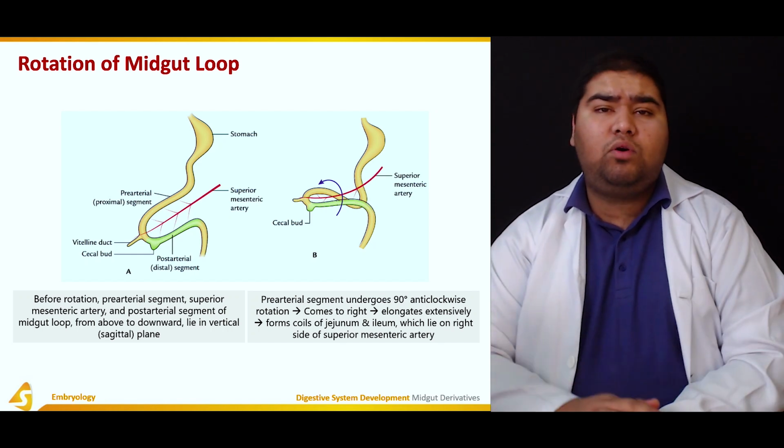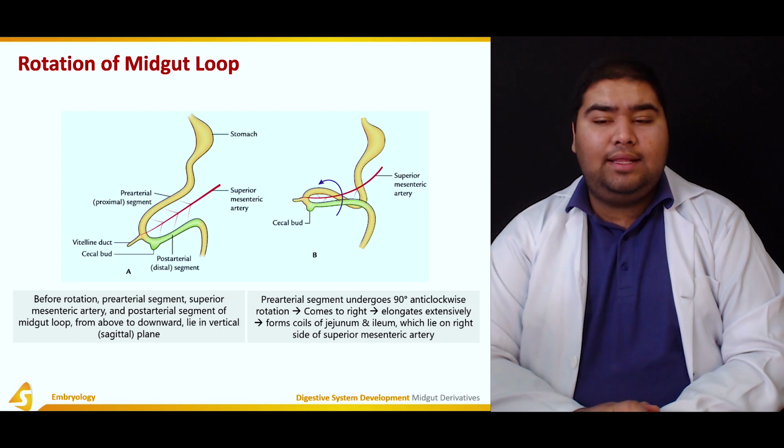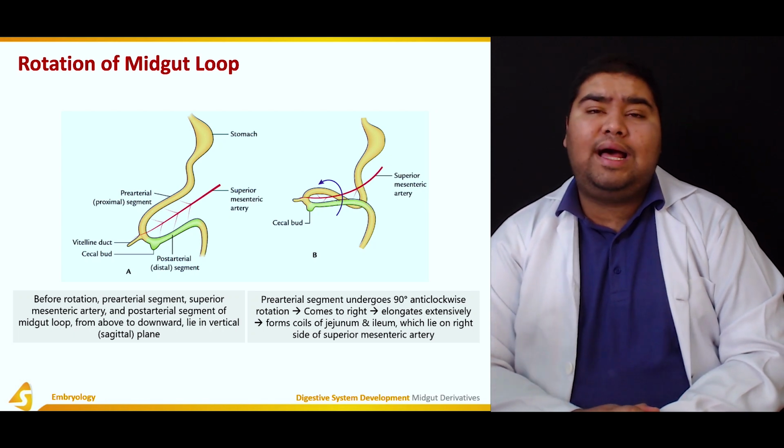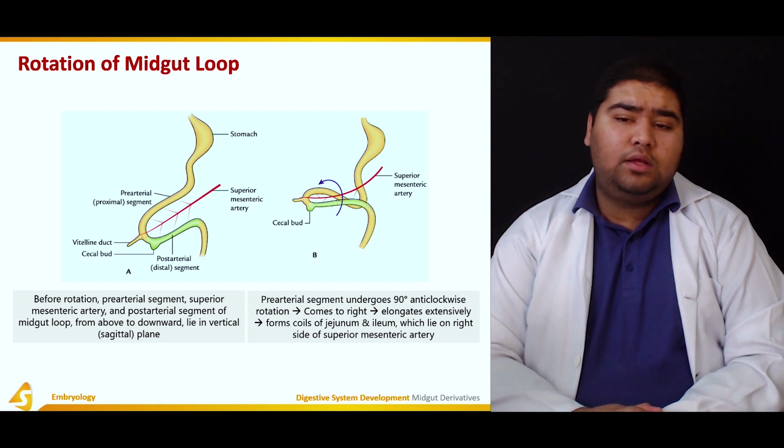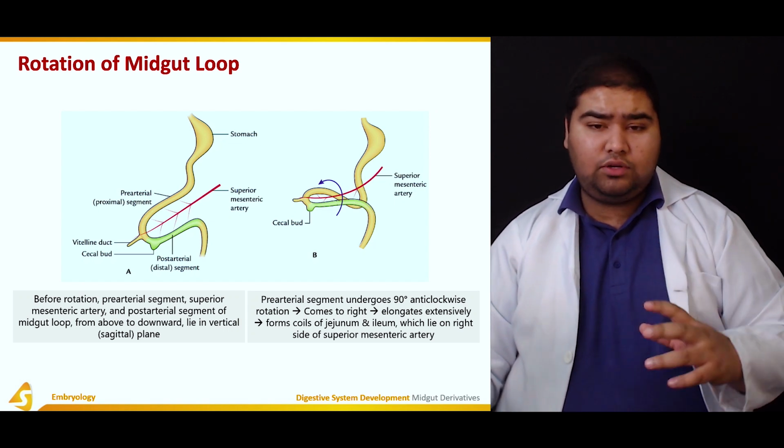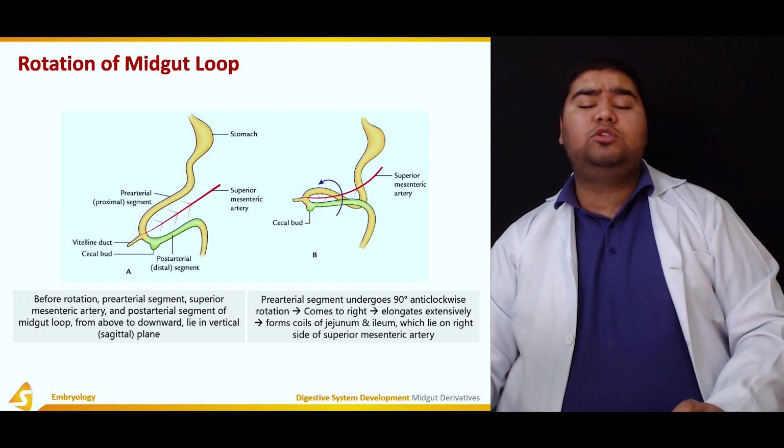It now forms the coils of the duodenum and the ileum, which also lie on the right side of the superior mesenteric artery. Initially, it was not on the right side.